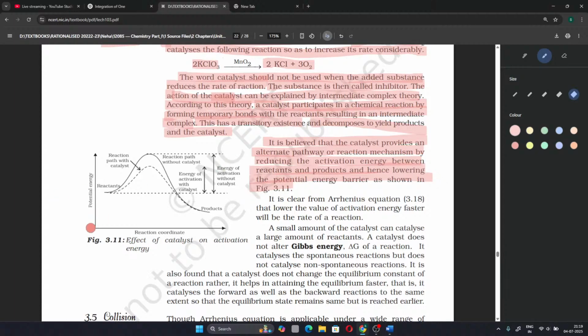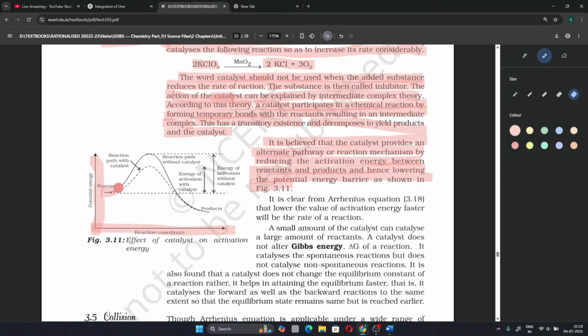And here we see the graph, which is a potential energy graph, the total energy or potential energy. This is the reaction coordinate. Basically, it can't be defined exactly; it is just the coordinate of the reaction, the middle of the reaction, or when the reaction is going through. This is the reactant, which is at the ground state.